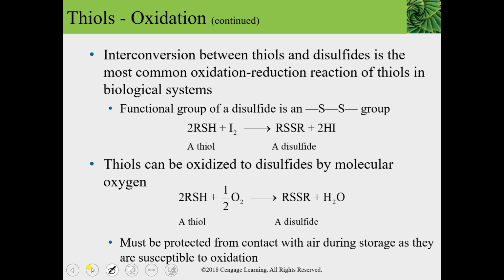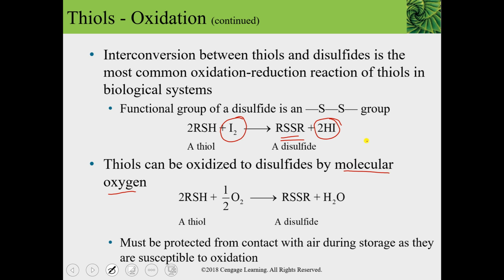As far as interconversion between thiols and disulfides, I'm less concerned that you understand the reaction mechanism, and more concerned that you understand what's happening. If we start off with a thiol and, for example, iodine, what we're going to get in the end is hydroiodic acid and this disulfide. We can oxidize to disulfides by molecular oxygen. What is molecular oxygen?